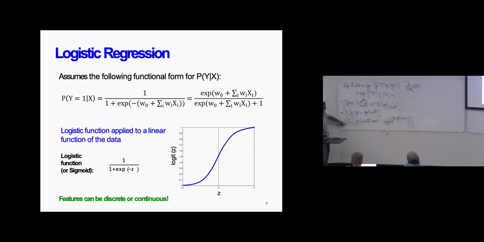So let's look into this function. And let's see what happens to this term.